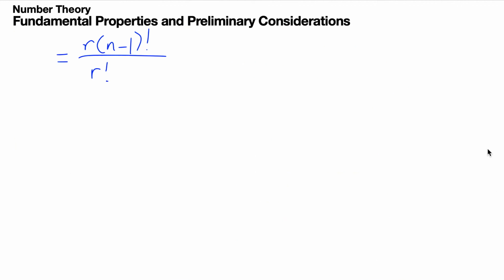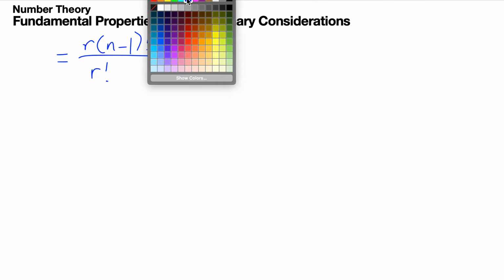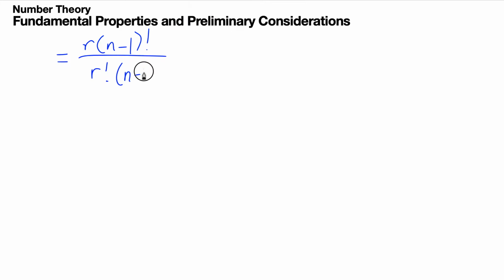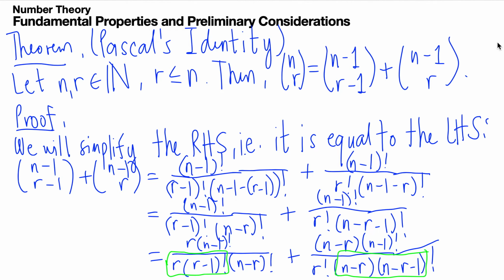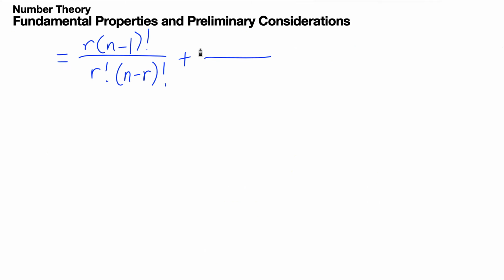So let's put it here. n minus r factorial plus n minus r times n minus 1 factorial, all over r factorial times n minus r factorial.